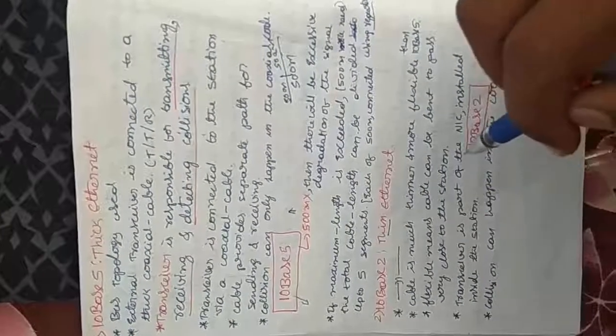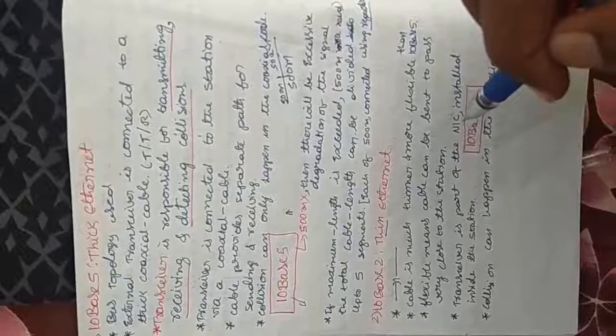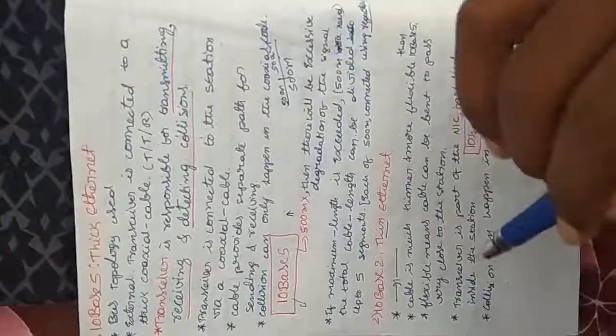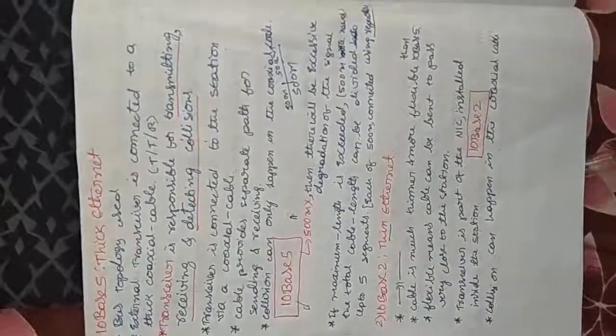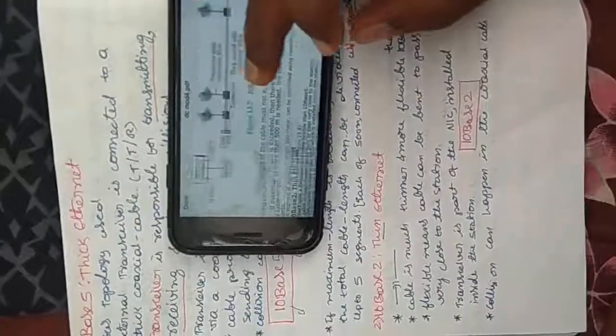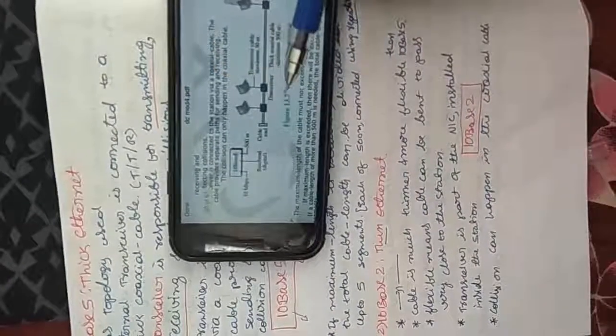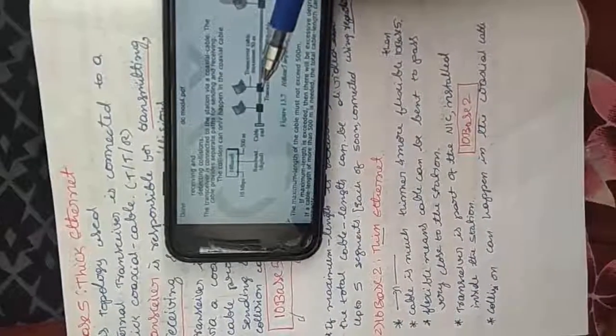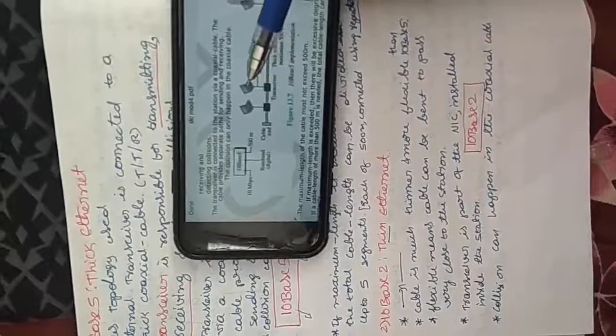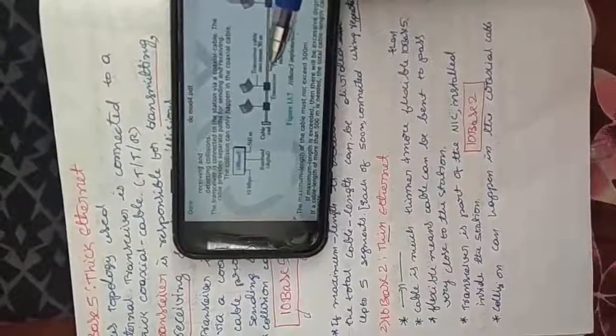The transceiver is part of the network interface card installed inside the station. In the previous example we used an external transceiver to connect the station to the coaxial cable.